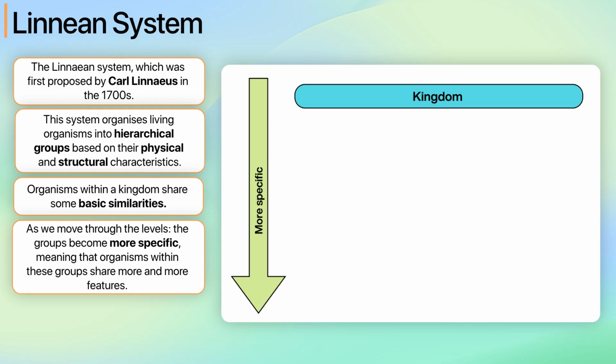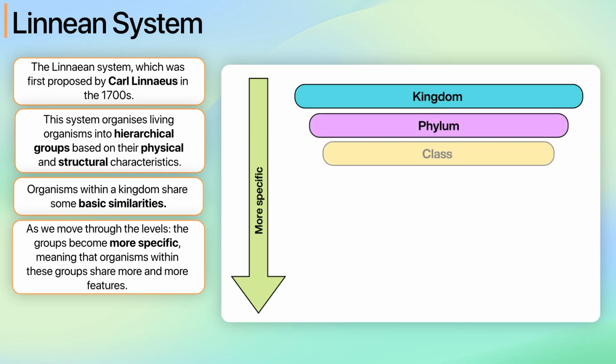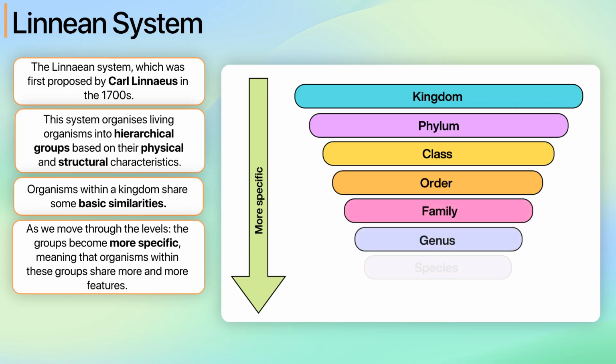As we move down through the levels, phylum, class, order, family, genus, and species, the groups become more specific, meaning that organisms within these groups share more and more features. This hierarchical structure helps scientists categorize and understand the relationships and evolutionary history of different organisms. You can remember the order of these classifications using the acronym King Philip came over for good soup.